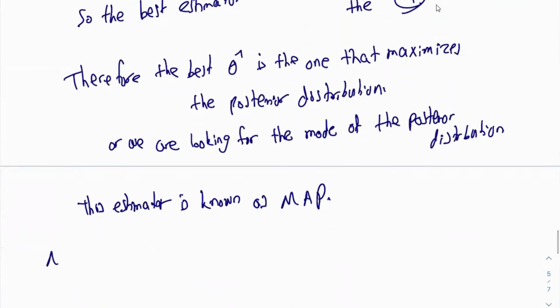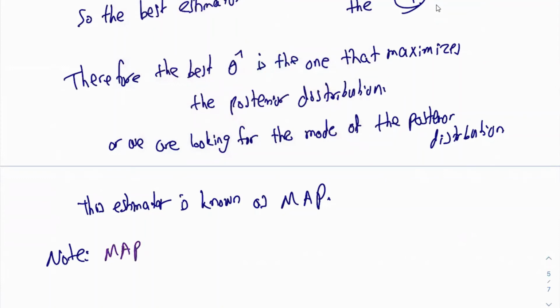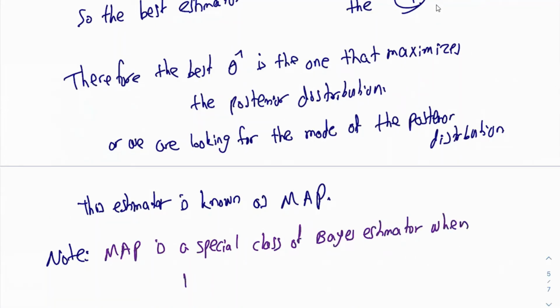Therefore, note: MAP is a special class of Bayes estimator when the cost function is the 0-1 cost or loss function.